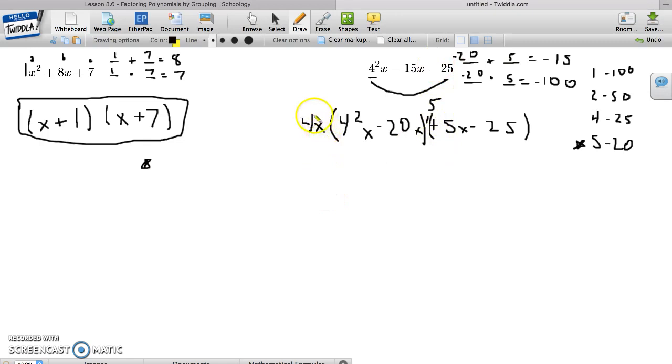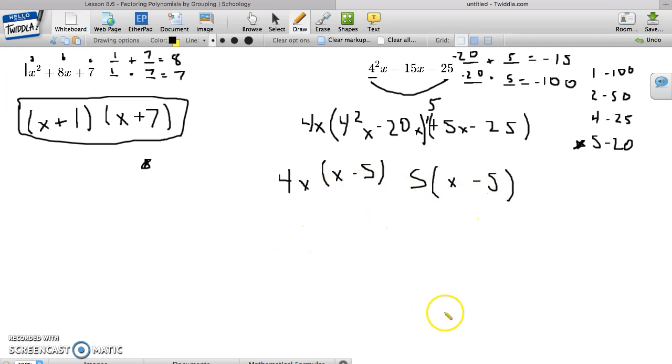So this is just going to be x minus 5 times 4x, and then for this part we have 5 times x minus 5. And we know we did this right because both x minus 5 and x minus 5 are the same.